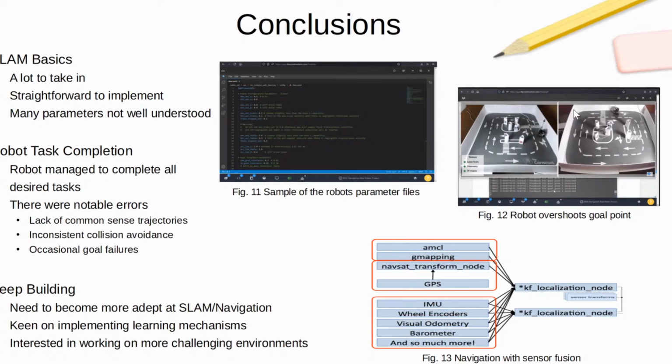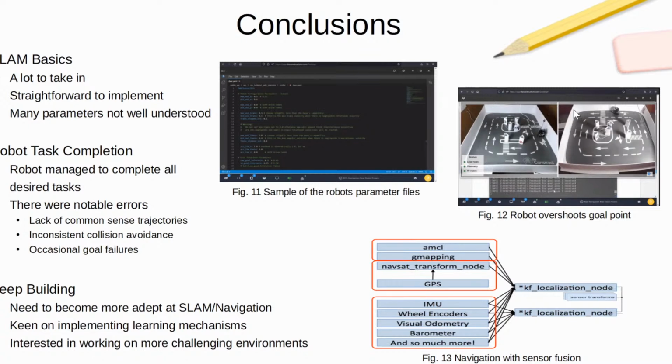But after I tuned it enough, I could get it to work. It was really a lot of patience and tuning of parameters. Occasionally there were still some issues where it just went off to some random location or didn't even find its goal.